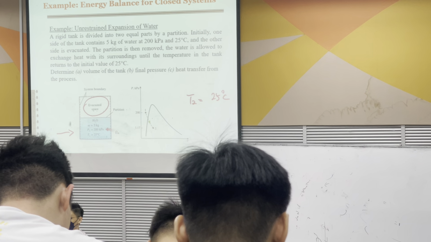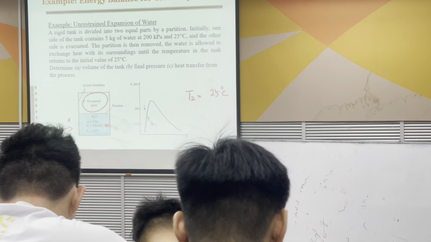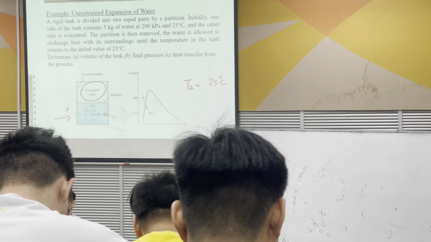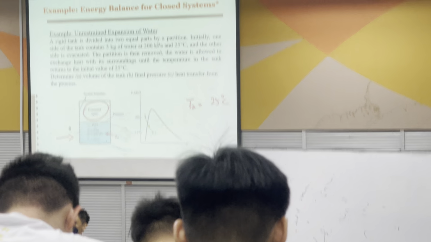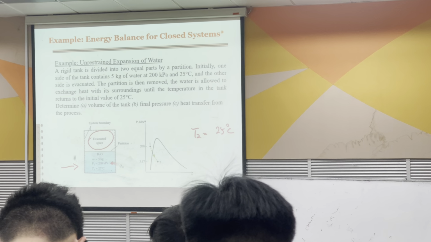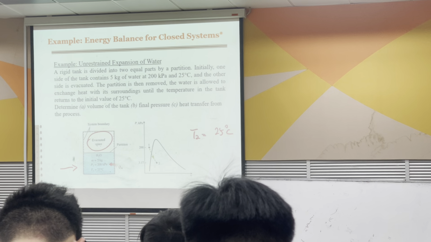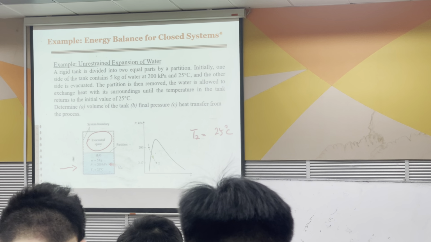All you know for now is T2 is 25 degrees Celsius. The question is also a step-by-step guide: determine the volume of the tank, the final pressure, and the heat transfer from the process. So you find the volume of the tank first, then the final pressure, and then the heat transfer. Okay, try this out.